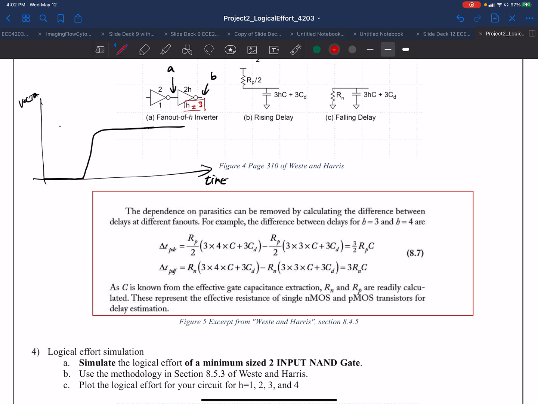That means you make this M factor, this unit device, 3 times bigger than the unit, and make this 6 times bigger than the unit, and that'll have some fall, and you'll get some prop delay. This is prop delay falling for H equal to 3.